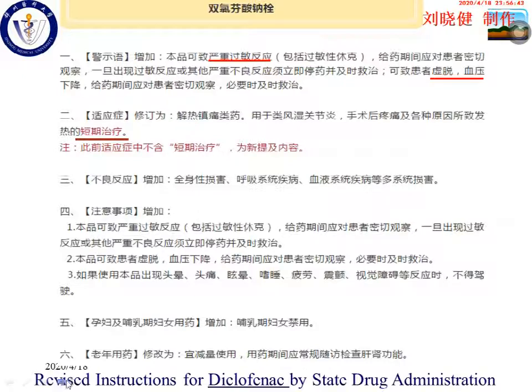The latest revised instructions for diclofenac by the State Drug Administration include that this drug also induces serious allergic reactions, including allergic shock, and even collapse and hypotension in patients. So just use this drug for a short term, not for a long term.